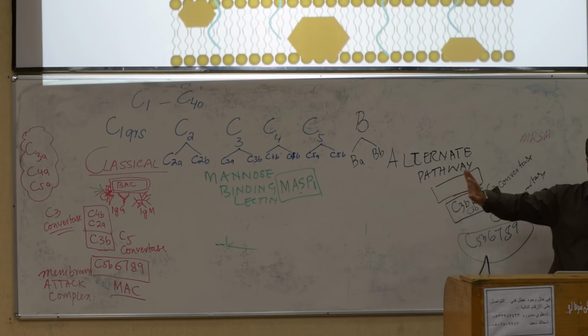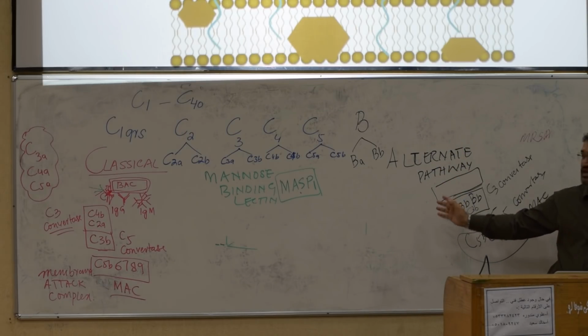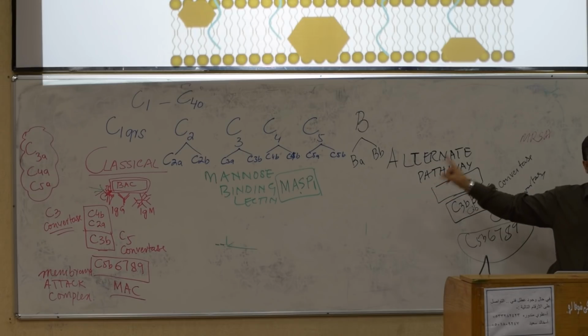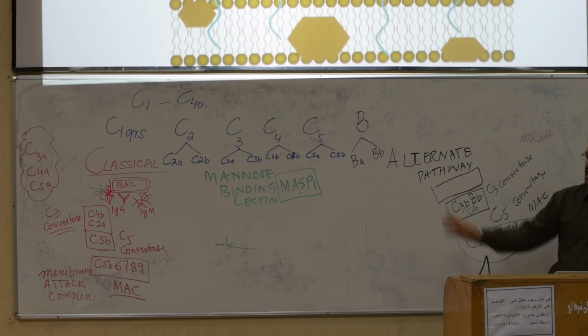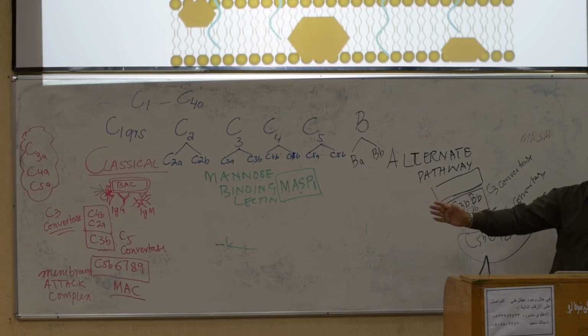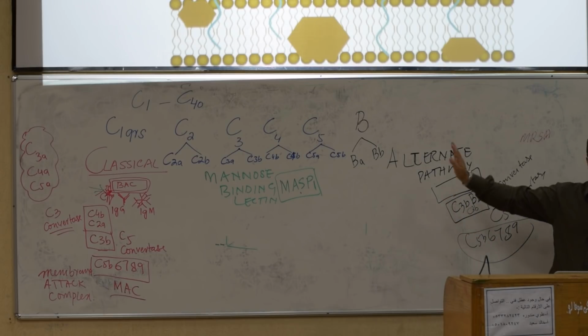The mannose binding lectin pathway is exactly the same. The difference is mannose on the bacteria and MASP1 activate it. C3 convertase, C5 convertase and MAC formation are exactly the same as in the classical pathway.